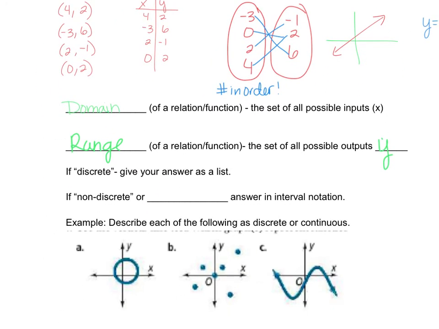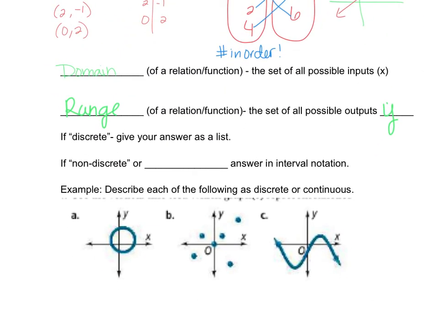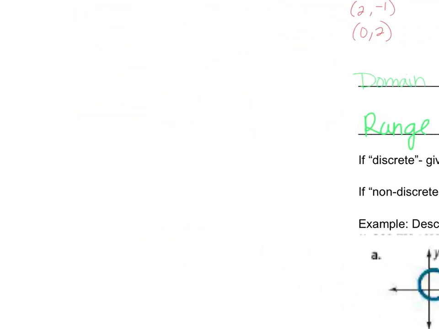If a graph is discrete, give your answers as a list. A discrete graph looks something like this. It's just a bunch of coordinates. Discrete means just a bunch of dots.